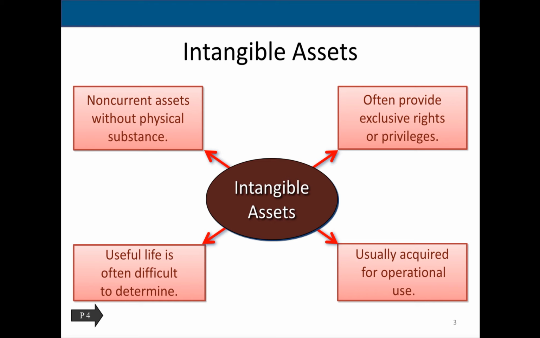Anybody know what goodwill is? True. In business, and specifically when we talk about intangible assets, we won't spend a ton of time on this, but goodwill basically means the good name or the good reputation of the company, which would also be an intangible asset.